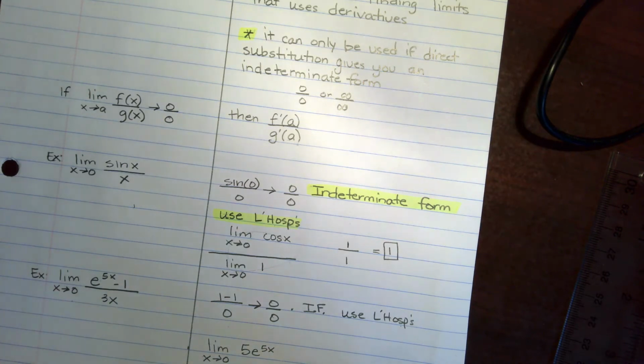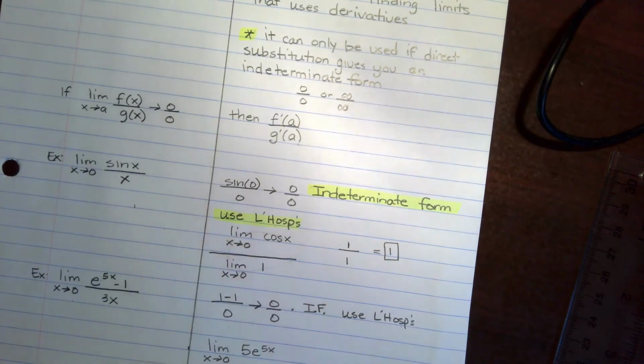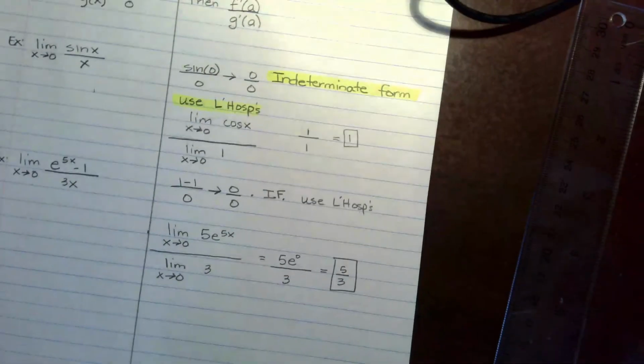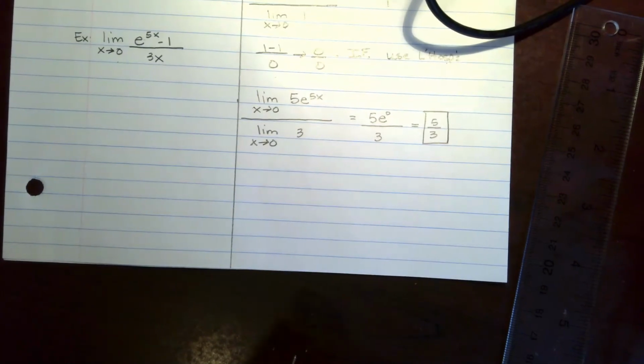Well, this is going to equal 5e to the 5 times 0 over 3. e to the 0 is 1, so it's 5/3. Okay, so L'Hôpital's rule, not too bad.